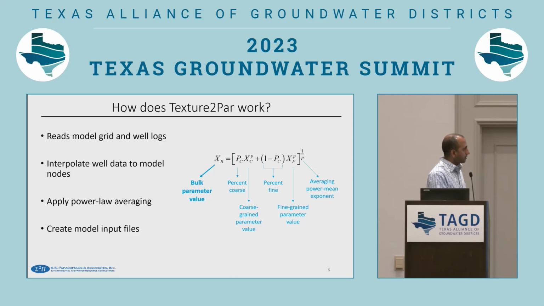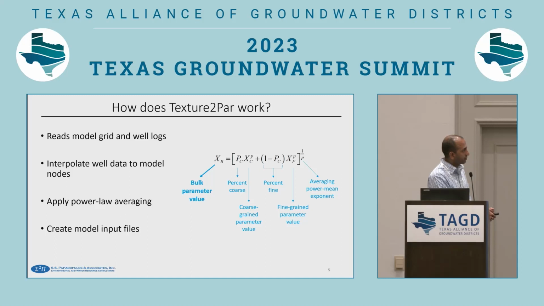Essentially, at each model node after interpolation, you know what percent coarse value there is, and how many percent fines, which is 1 minus your percent coarse. You have end member values. For example, if we are calculating hydraulic conductivity, what is your hydraulic conductivity for a coarse-grained material on an aquifer scale?